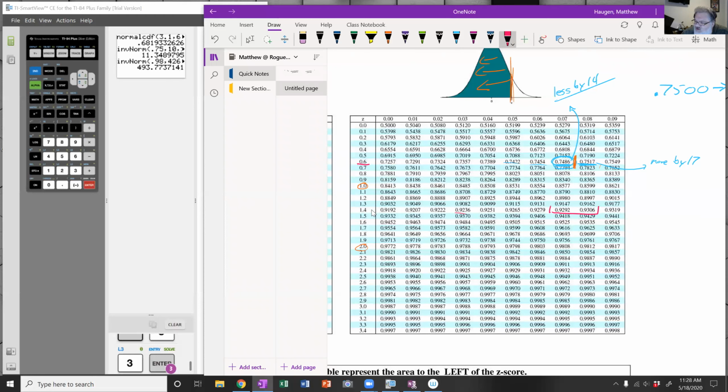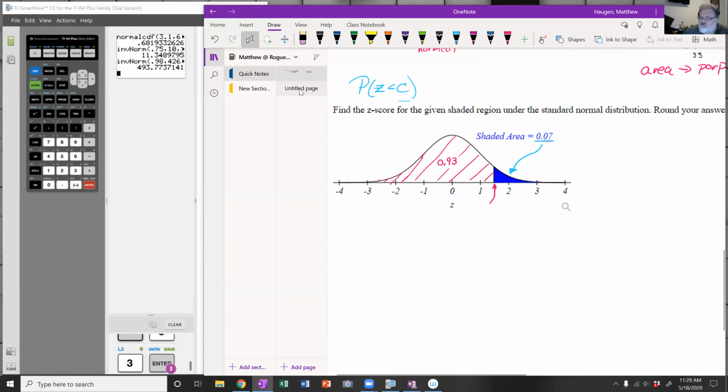So this one is off by 8. This one's off by 6. So I'd use this one. Right. So that's 1.48. So I'm going to bring that 1.48 back here. So that z-score is 1.48.